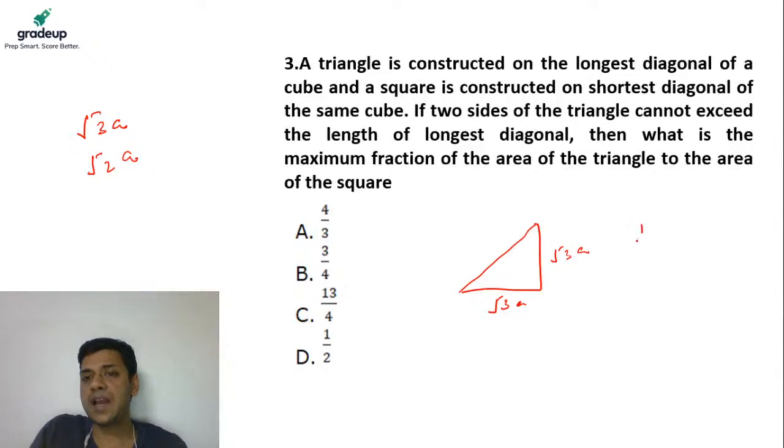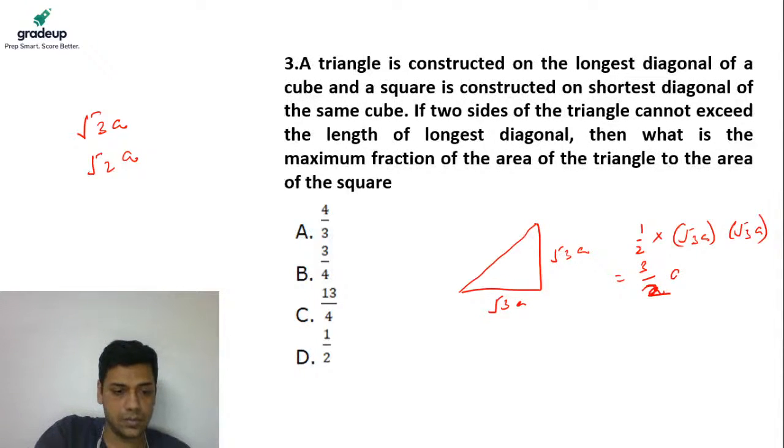The area of the triangle would be half into root 3a into root 3a, which gives me 3 by 2 a square. Yes?